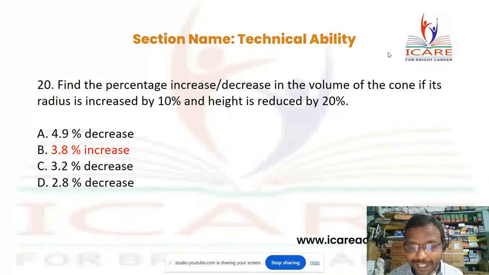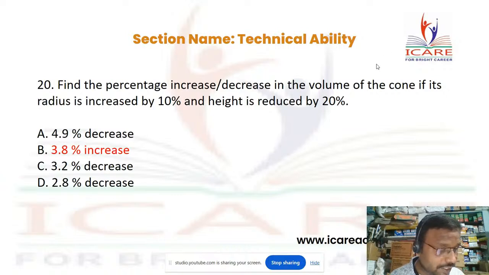GCD full form, greatest common divisor or highest common factor, both are same. So if you have to take the volume of the cone, the formula should be, good, some of you responded 1 by 3 pi r square h.